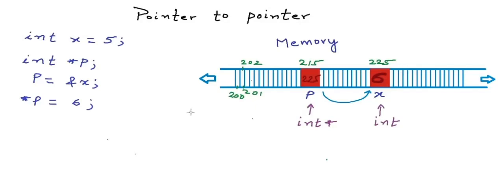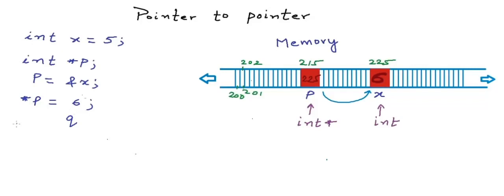Now can I create a pointer to this variable P, which itself is a pointer to integer? Well, yes, we can do so. So let's say we want to create a variable named Q that will store the address of P. Now what will be the type of this variable? We need a pointer of a particular type to store the address of a particular type of variable.